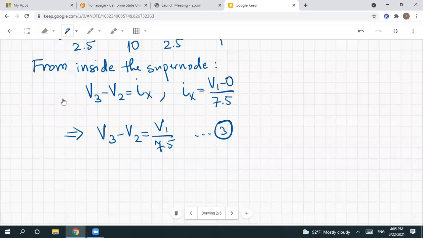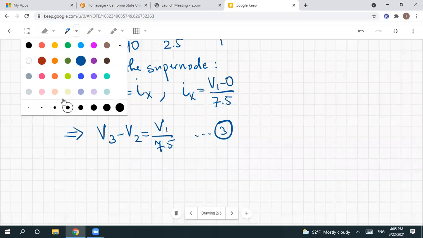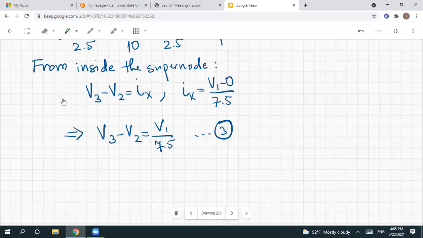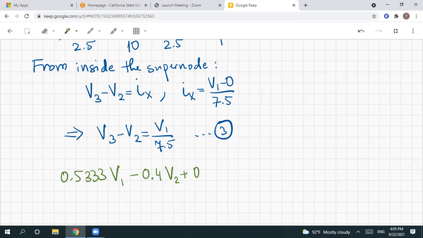So if I do so, I will have the following equation. It will be 0.5333 V1 minus 0.4 V2. And I don't have V3, so it is 0 times V3. It's equal to 4.8. So this is my first equation rearranged.